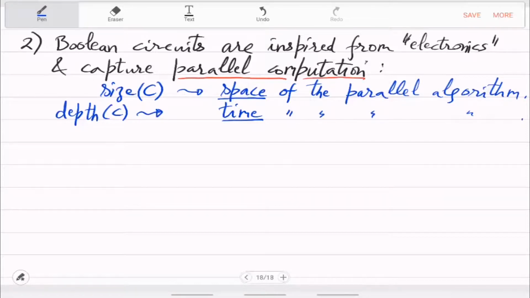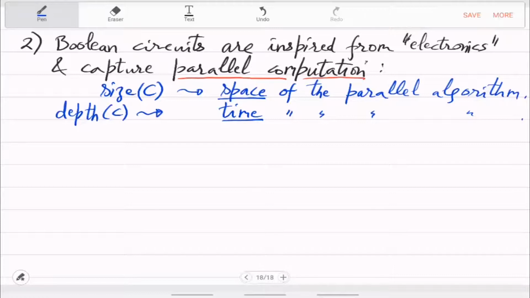This depth thing should be easy to imagine. All the gates are processing in parallel, but the one below has to first compute something so that the one above can start the computation.